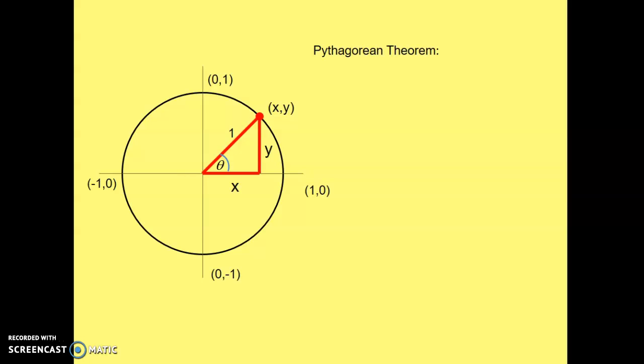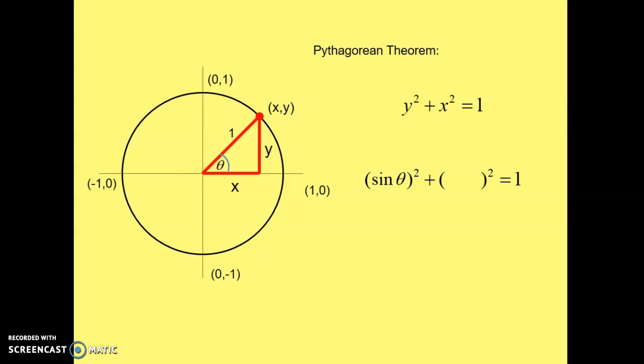Another trig identity that we're going to use, like we did with tangent equals sine over cosine, is the Pythagorean theorem identity. Okay, so if we look at our triangle, the Pythagorean theorem says that x squared plus y squared equals 1 squared. Well, 1 squared is just 1. Based on the information we just were looking at, we can replace the y's and x's.